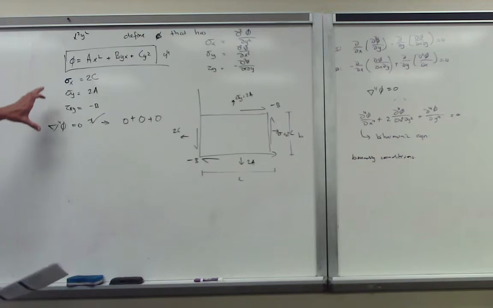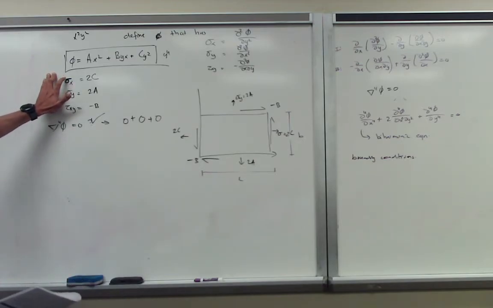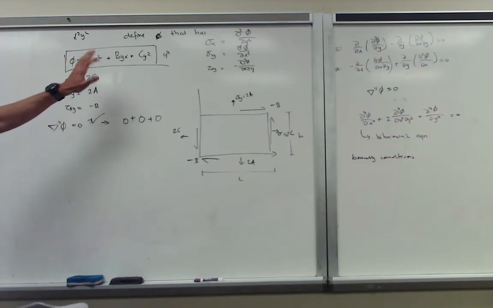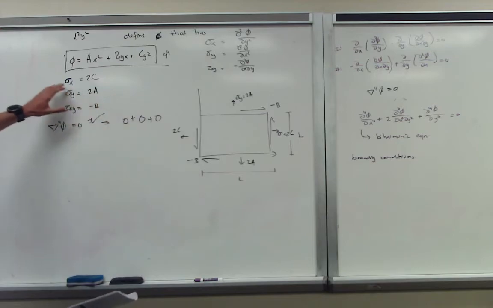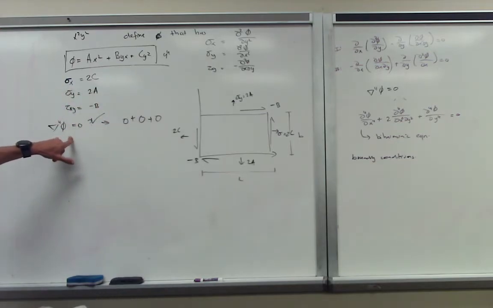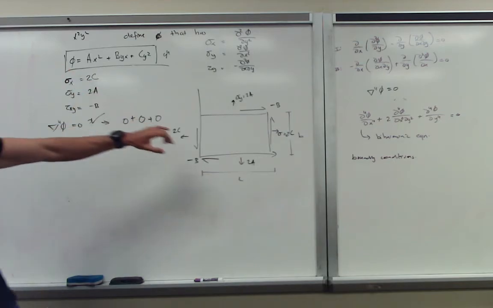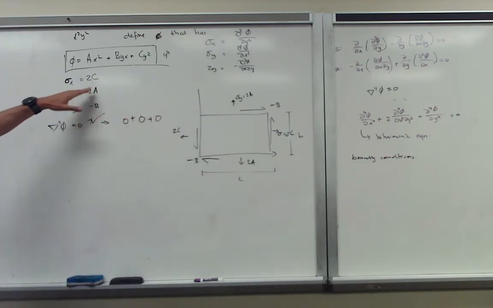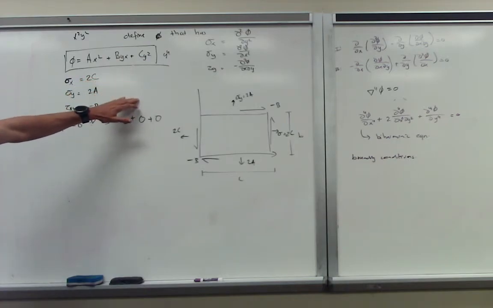Basically, you start off with any function, and this could have been any function that I could have assumed. I could have added 5 more terms to it, which means that as long as I satisfy my biharmonic equation, the stresses that this function can solve are defined by whatever my terms are.